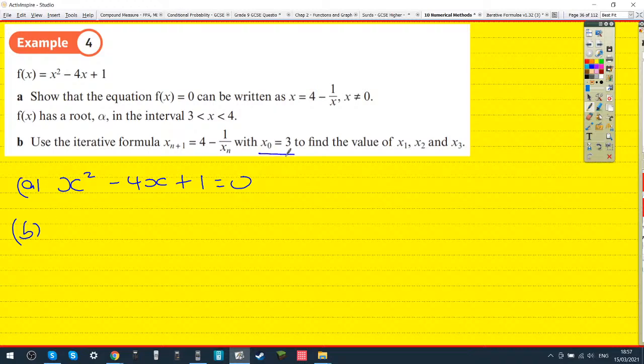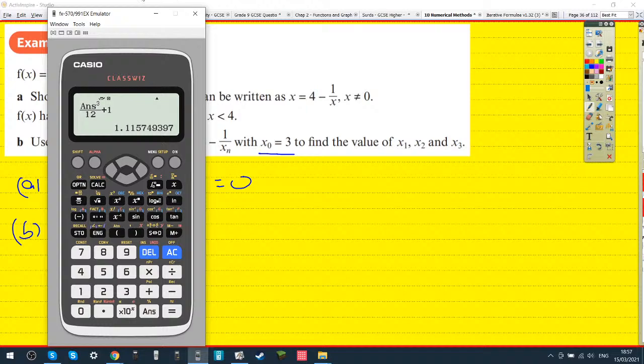Yeah. They tell you x0 is 3. Oh, so I can just make the value. So I do 3 equals answer.